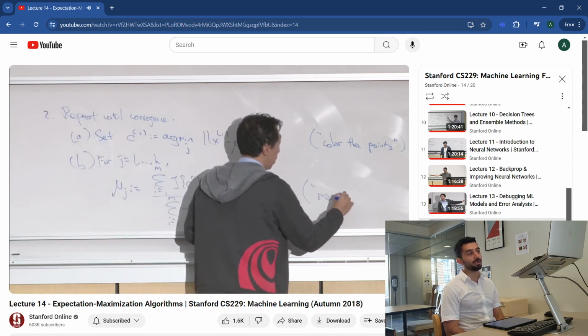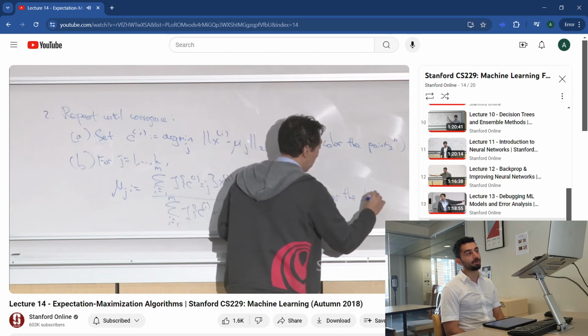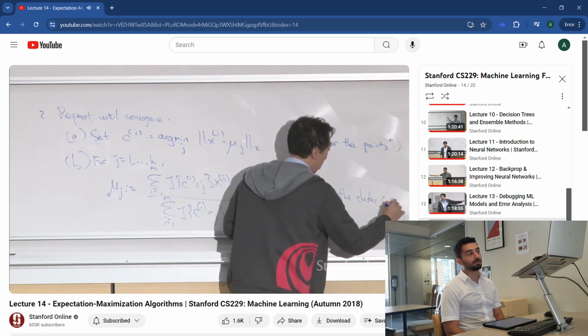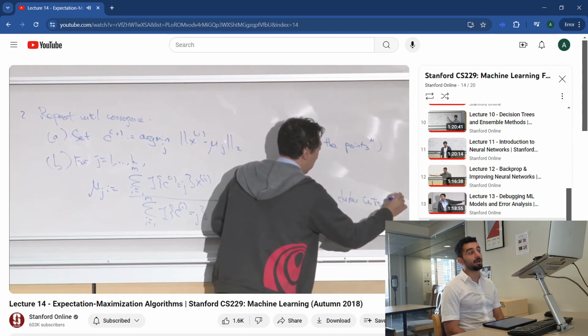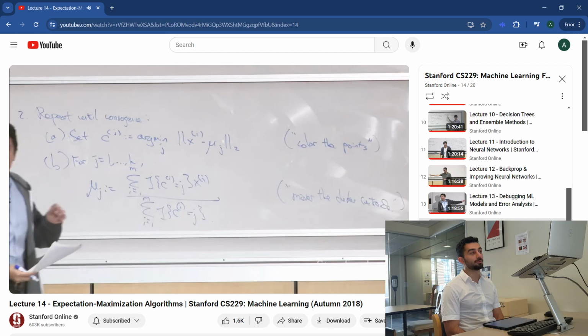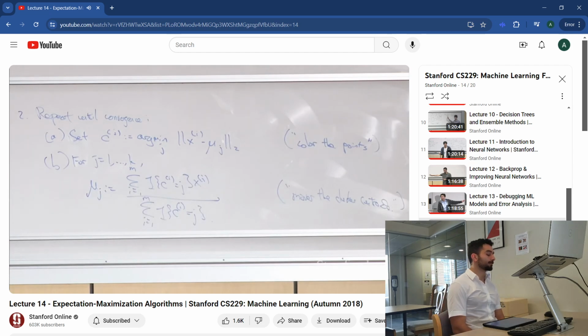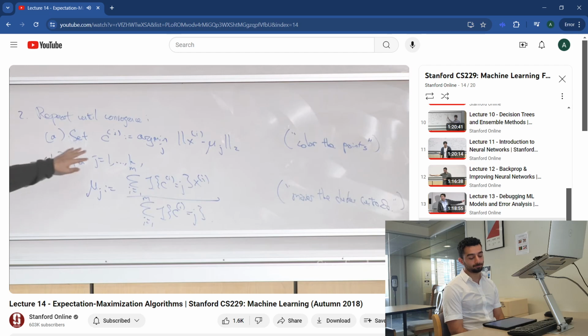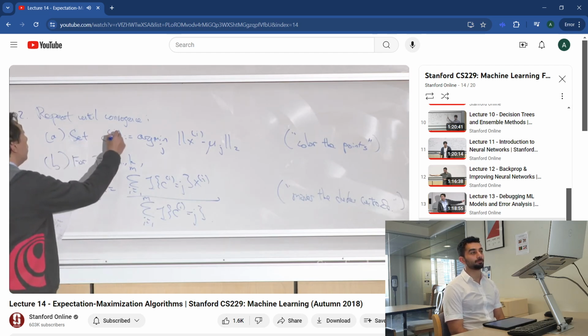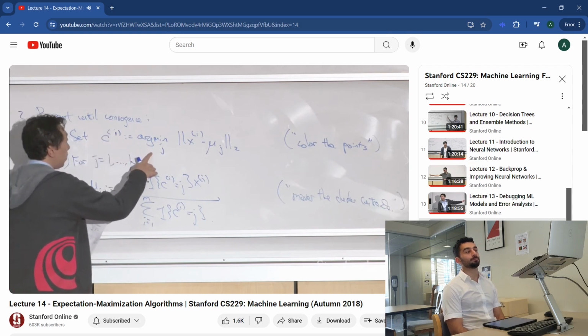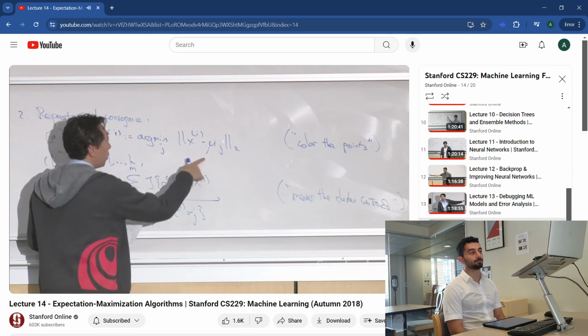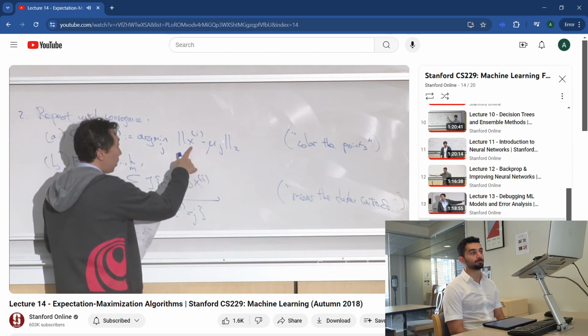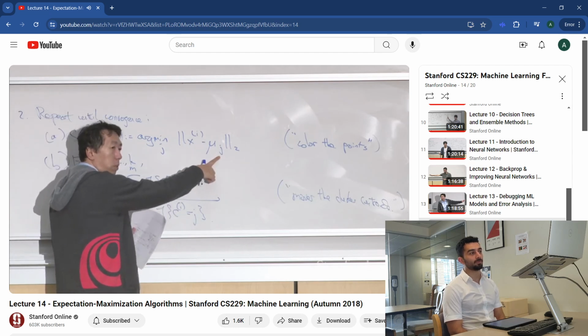And then mu j, you update mu j by the weight. The weight is ci equals j. So that makes sense. So the 2 steps you would alternate between. The first one is set ci for every value of i. So for every example, set ci equal to either 1 or 2, depending on whether that example xi is closer to cluster centroid 1 or cluster centroid 2.